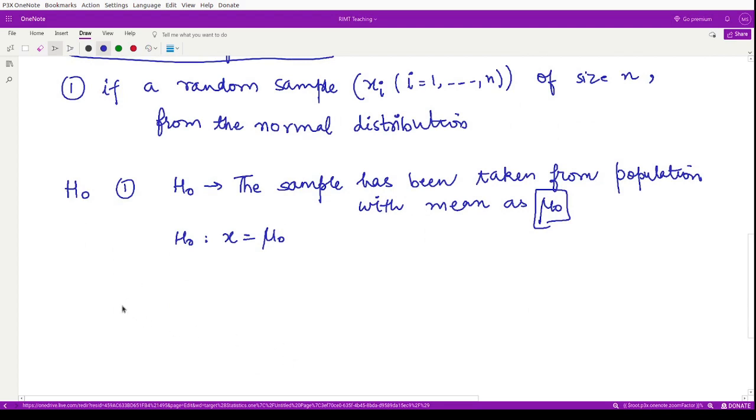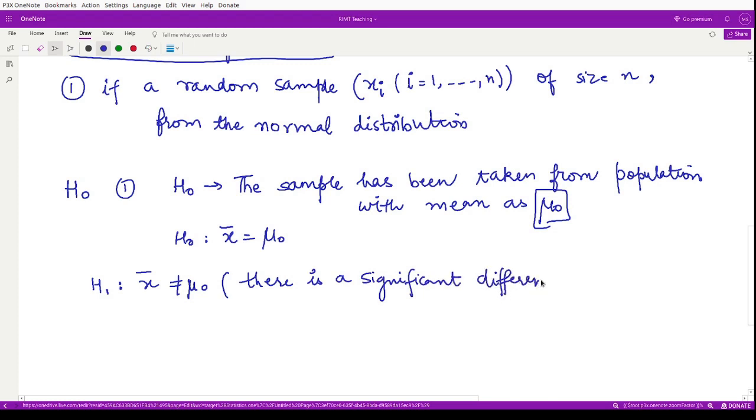And what would be the alternative hypothesis? The alternative hypothesis would say that this x bar, the sample mean, is not equal to mu naught. So here we would say that there is a significant difference between the sample mean and population mean.